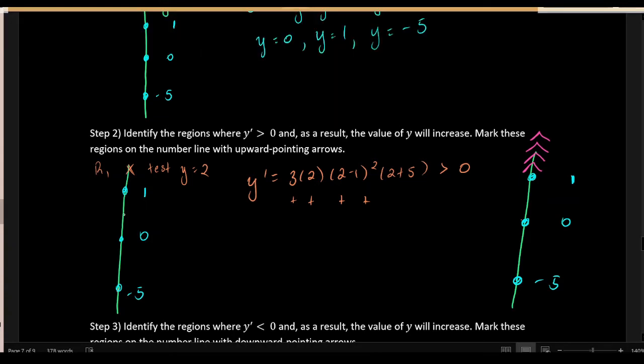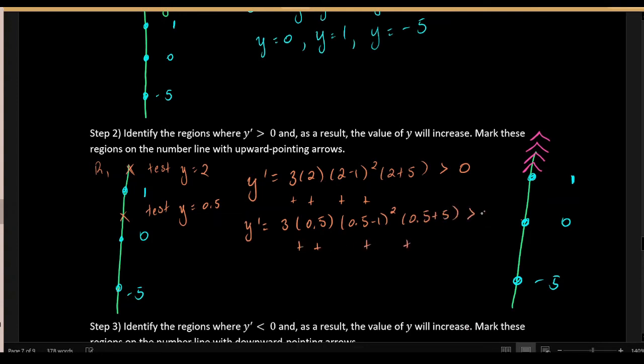Let's repeat the process for a y value in the second region, the region between 0 and 1. Maybe I'll pick a test value of y equals 0.5. If I plug in this test value, I get 3 times 0.5 times 0.5 minus 1 squared times 0.5 plus 5, which is again a product of positive numbers, so y prime is again positive.